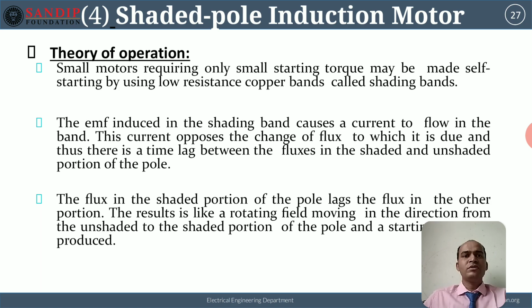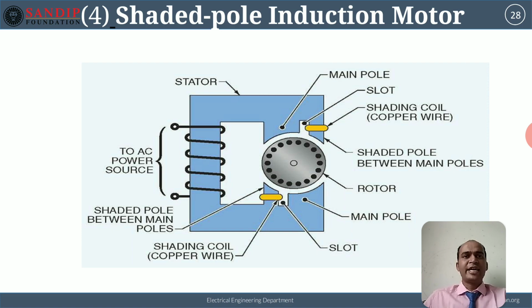These currents oppose the change of flux to which they are due, thus there is a large time lag between flux in the shaded and unshaded portions of the pole. The flux in the shaded portion of the pole lags the flux in the other portion. The result is like a rotating field moving in the direction from unshaded to shaded portion of the pole, and starting torque is produced. This diagram shows the shaded pole induction motor.